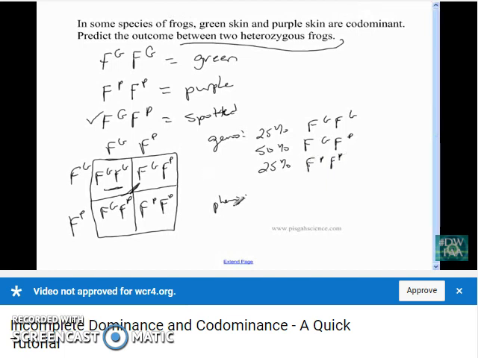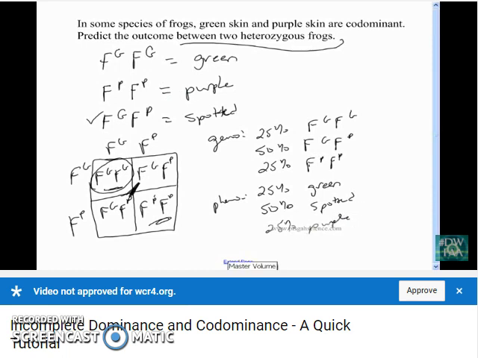Alright. So down here in the phenotype, this one, according to our key, is going to be green. These two in the middle, according to our key, are going to be spotted. And this last one in the corner, PP, according to our key, is going to be purple.